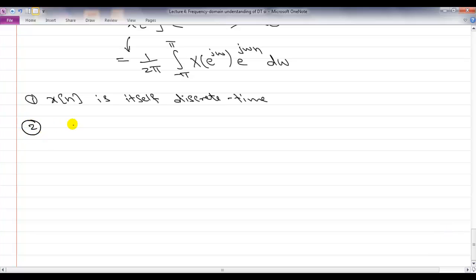So the key thing to remember is that x of e to the j omega itself is a continuous function of little omega. So even though the signal is discrete time, the discrete time Fourier transform is continuous in little omega, because in most discrete time signals, unless the signal itself was periodic, you have to have an infinite number of frequencies to be able to reconstruct that signal.